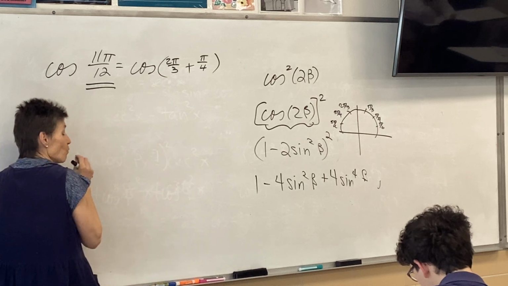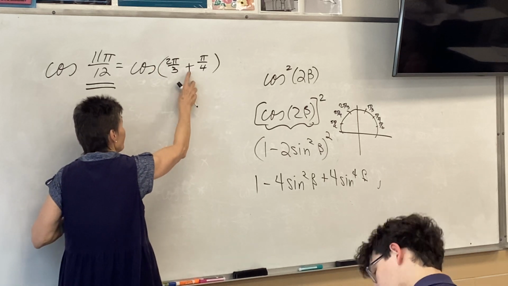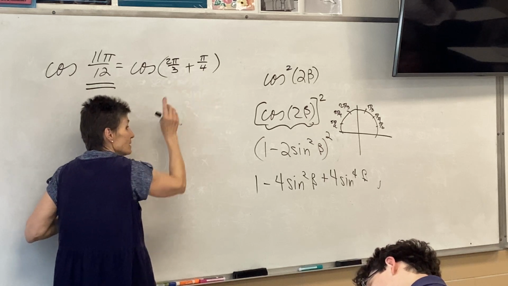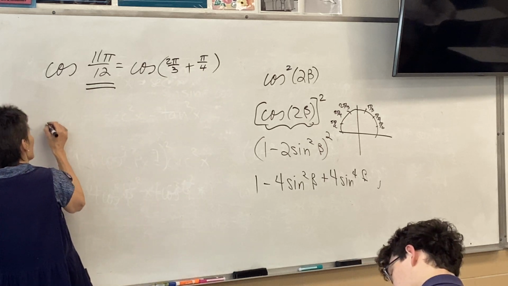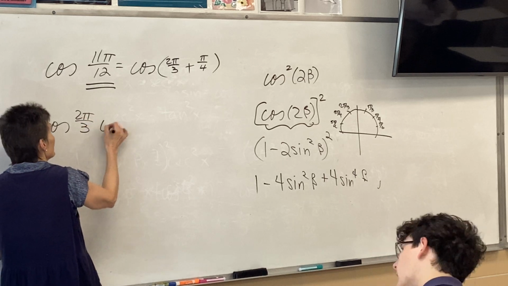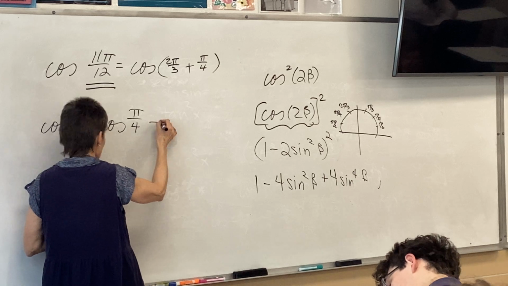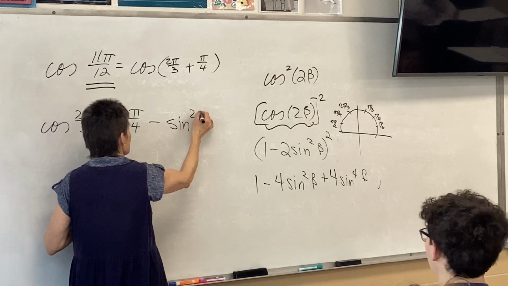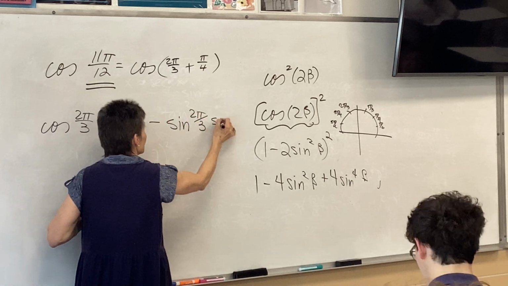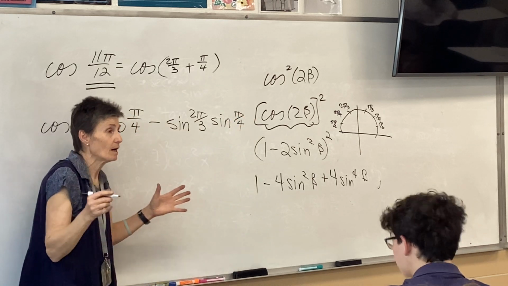What does my formula for the cosine of alpha plus beta say? Cosine alpha cosine beta, minus sine alpha sine beta. Yes, I remember that. Now, this is day 1 of the formulas.